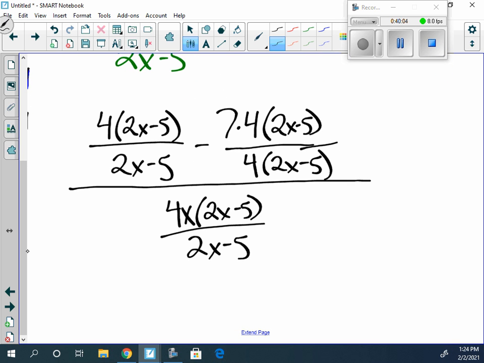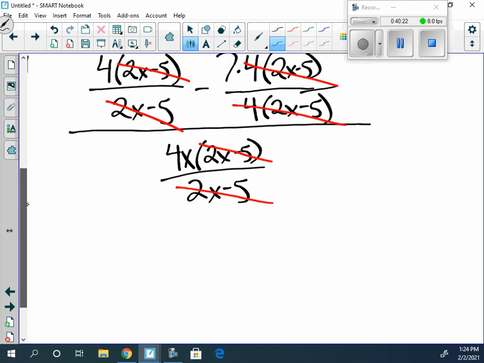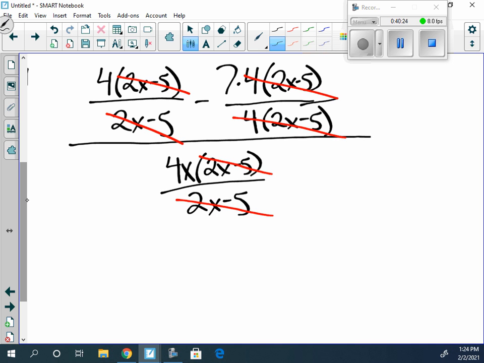And I think probably it was just that factoring it to 4 times 2x minus 5 is what would have helped. Because now all of this here simplifies because each one of these is in common on top and bottom. We can get rid of them.